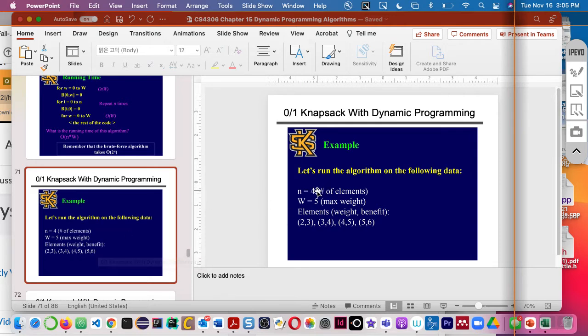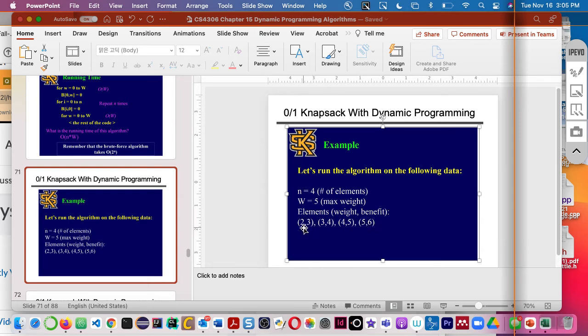Okay, let us think that there are 4 items, and we have a maximum weight of 5 pounds. My backpack can carry 5 pounds. The items are given over here. The first value is weight and the second value is benefit or profit.